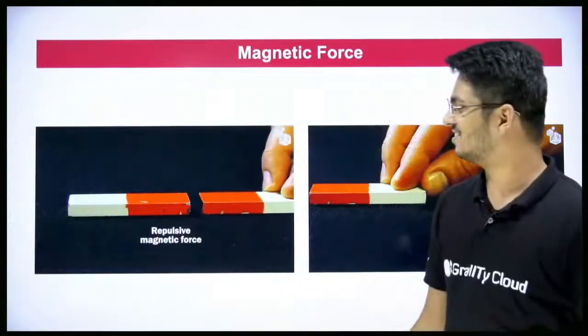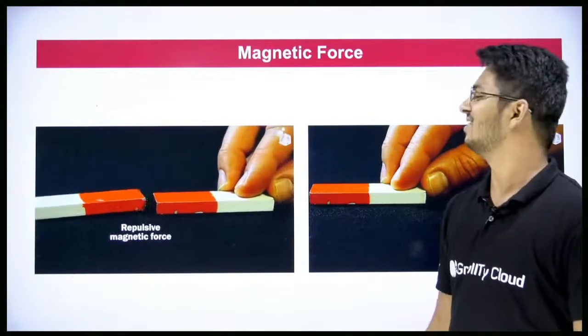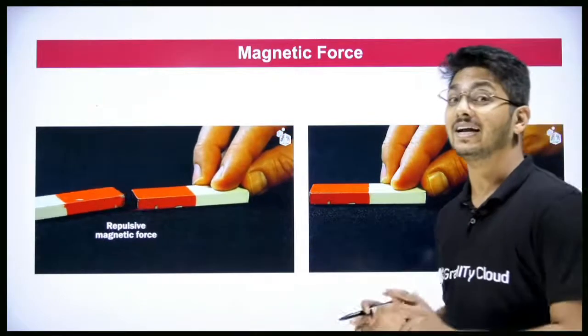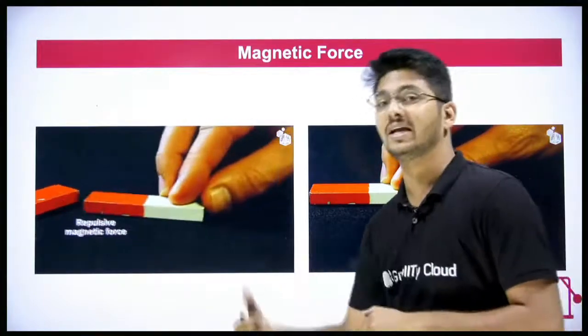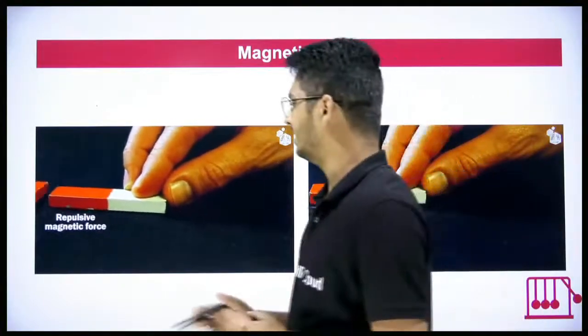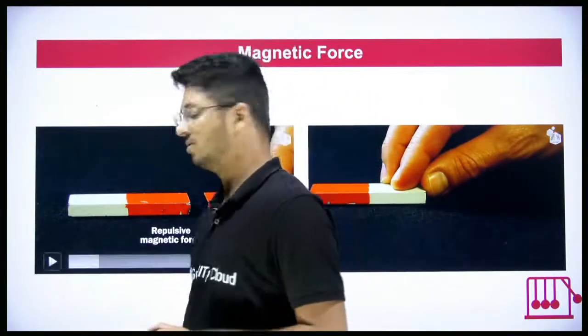What's happening? Magnet is getting repelled. That's the case of magnets repelling each other.